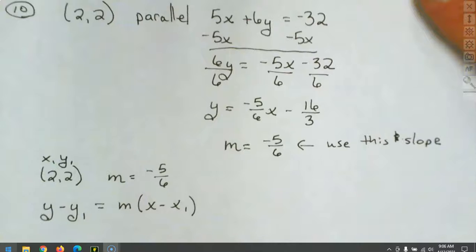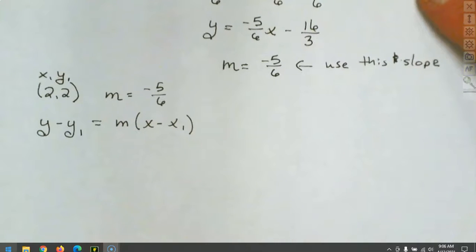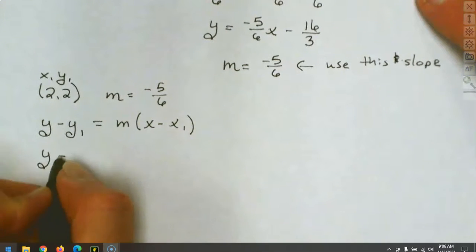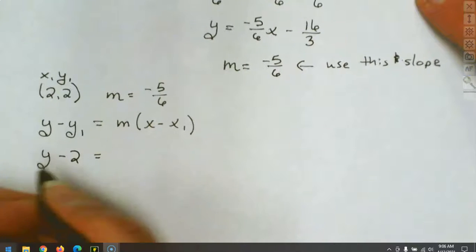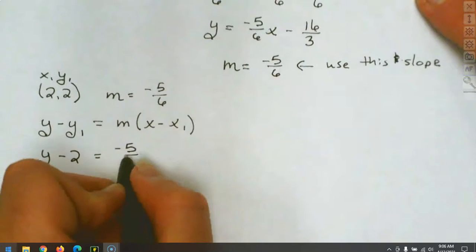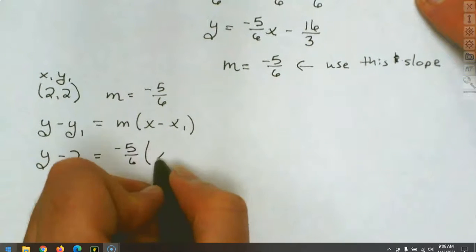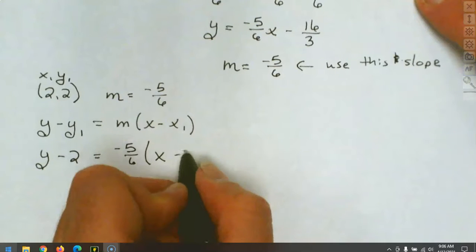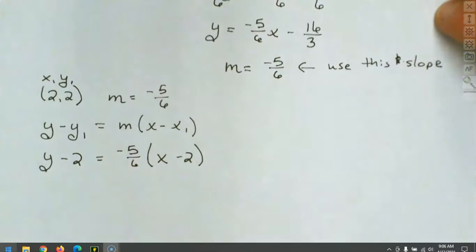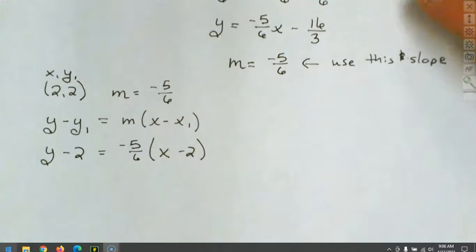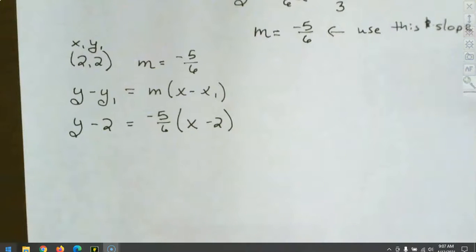We label our ordered pair, x1 and y1, and we plug our values in. This one is a little bit more complicated because of the fraction. So we plug our 2's in, and then we'll distribute that negative 5/6 through.